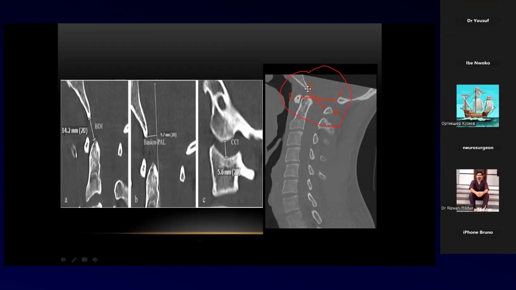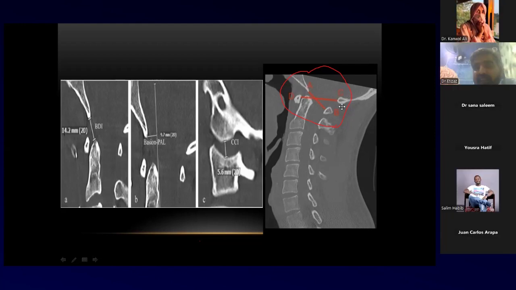So there are 4 points that we have to see and measure: the clivus, called the basion, which is B; the opisthion, which is O; and the posterior arch of C1 and the anterior arch of C1. These are the 4 points. We draw a line from the basion to the posterior arch, that is this one.